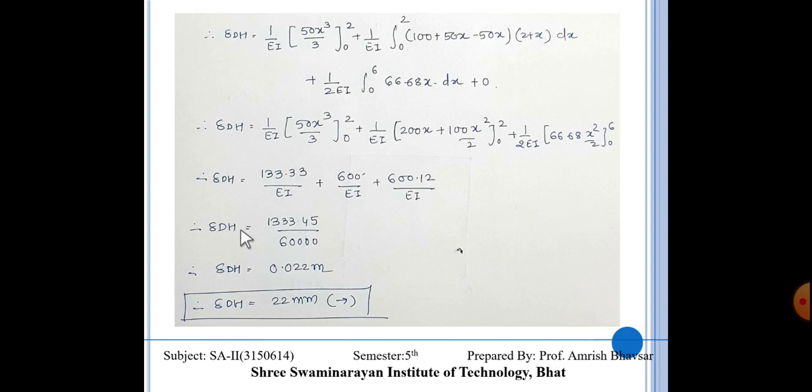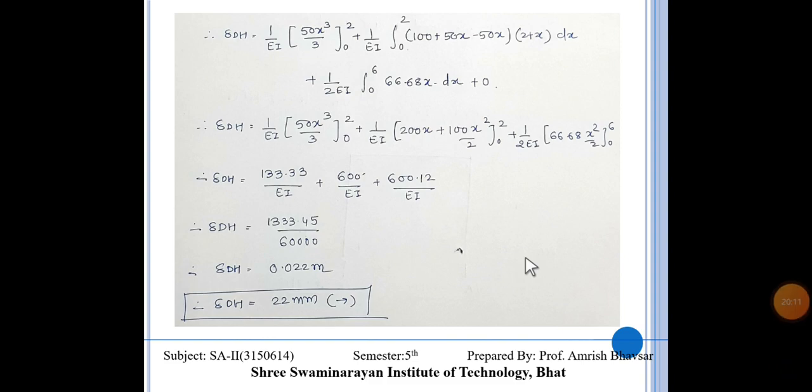So we will get the value 1333.45 divided by EI, and we have EI equal to 60,000. So we will get 0.022 meter. Converting this into mm, delta DH is equal to 22 mm towards the right.